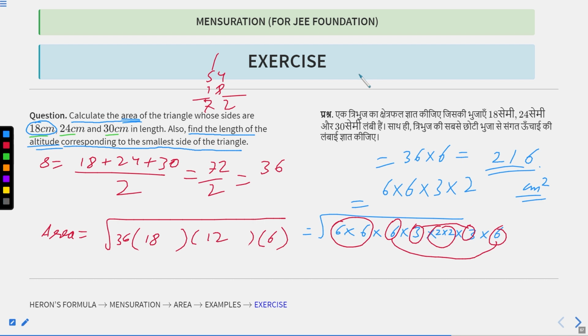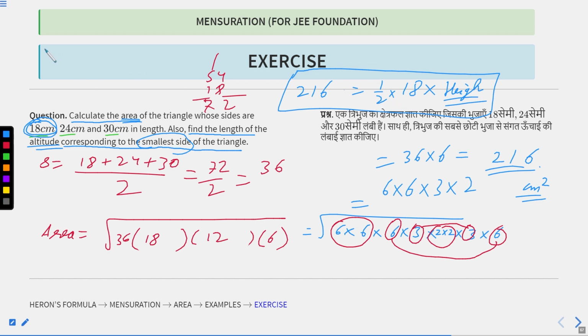We know another formula for the area: area is equal to half times base, and the base we are taking is 18, the smallest side, times the altitude or height. We also know our area is 216. So just solving for the height, we will get our height.